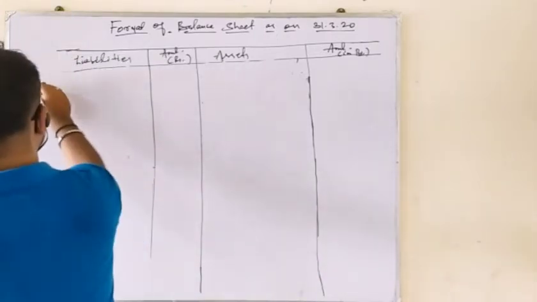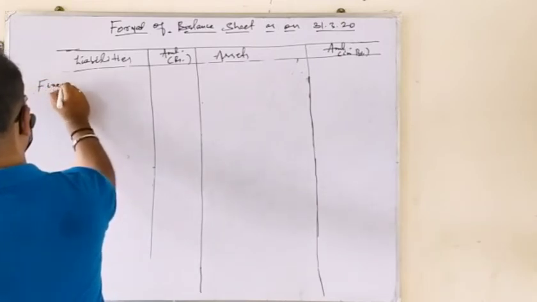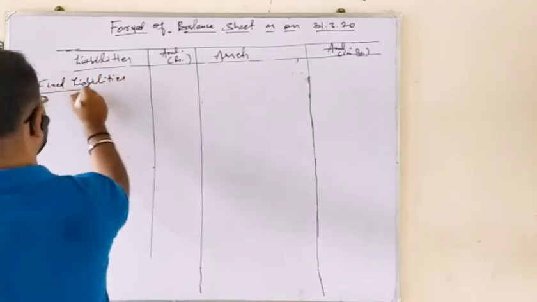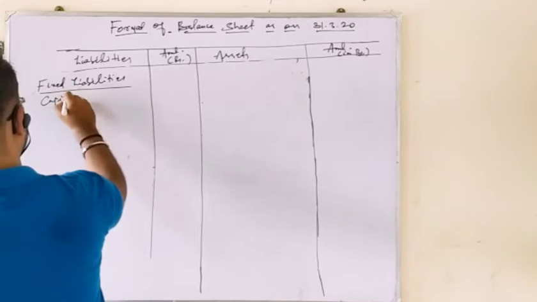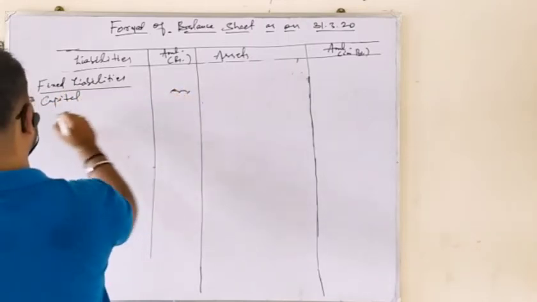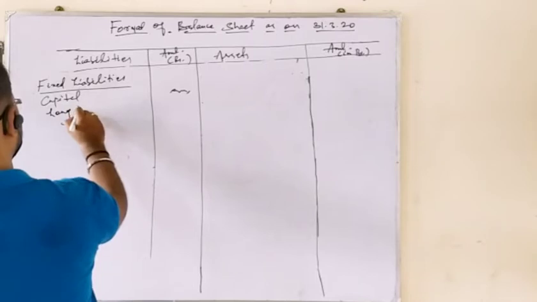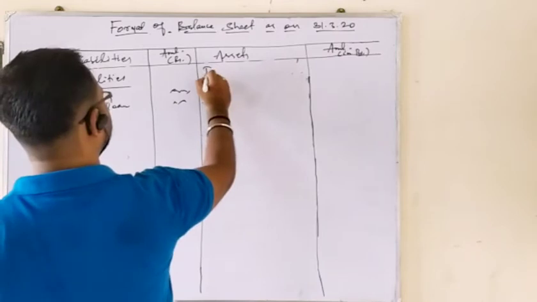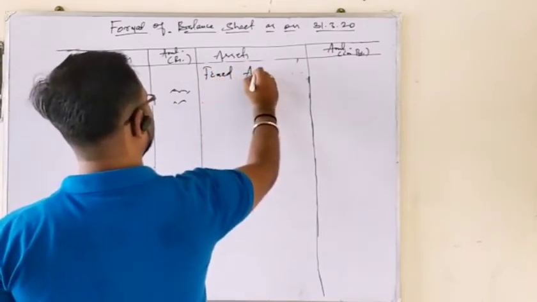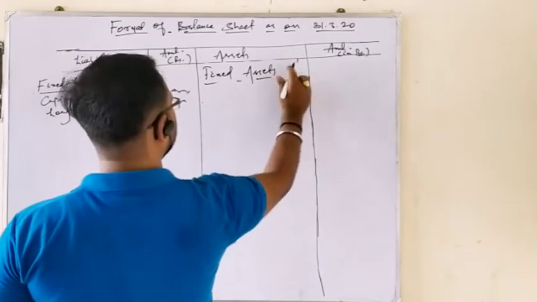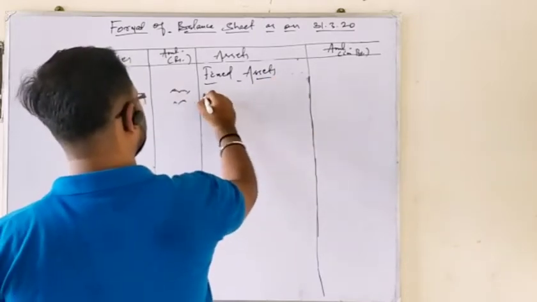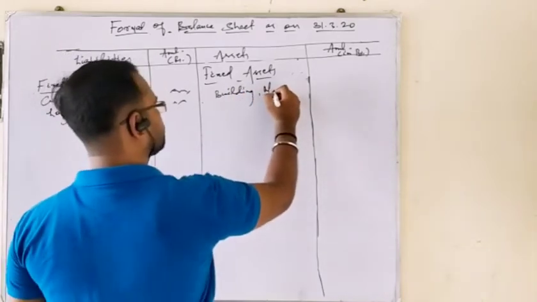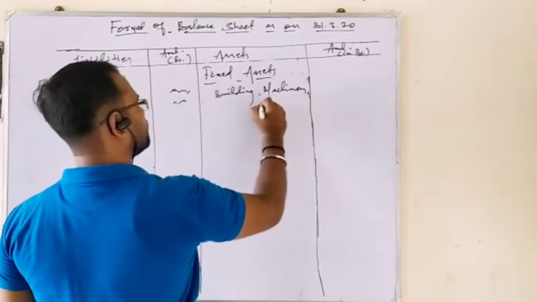Here you are supposed to write the fixed liabilities, that is, you write capital or long-term loans. Here you are writing fixed assets. That is your building, machine, furnitures.